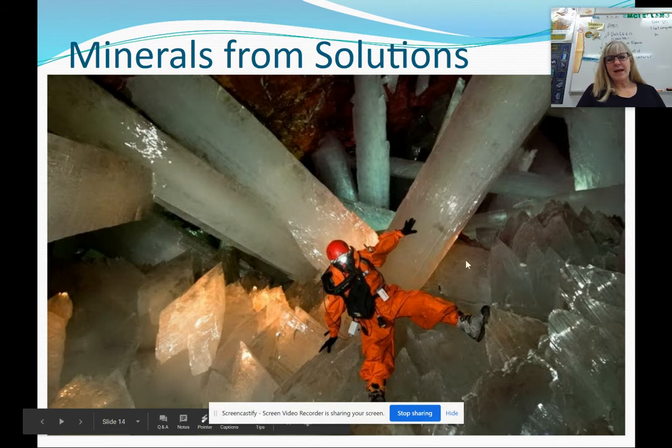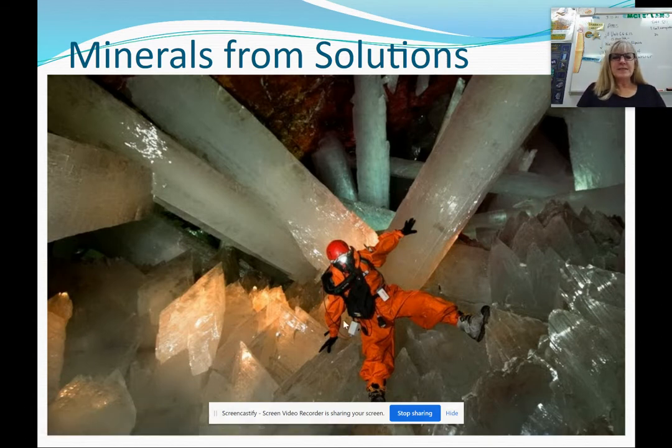This is in Chihuahua, Mexico, and it is called, I've forgotten, what is the name? It's the Cave of the Crystals. I have it on another slide. These are the biggest minerals we've found anywhere in the world. They're a form of gypsum. You'll see what that is later.